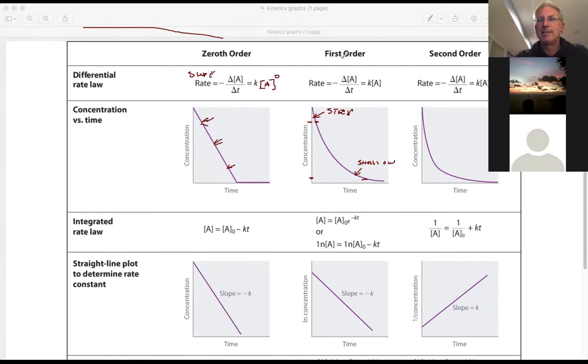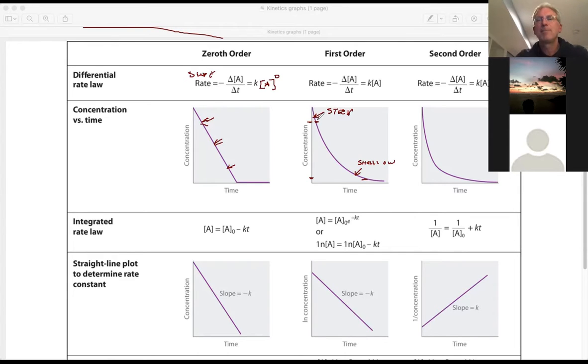And in this case, as more and more of your friends get married, the concentration of your single friends is going down. So if you hardly have any single friends left, the concentration is really low, then you're not going to any weddings because nobody's getting married. But when you're young and all your friends are single, people are getting married a lot.